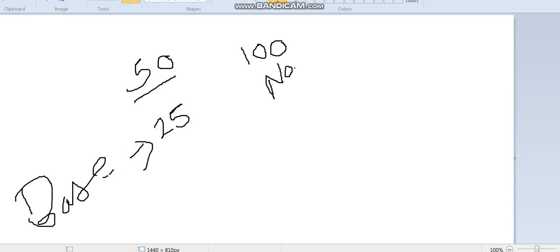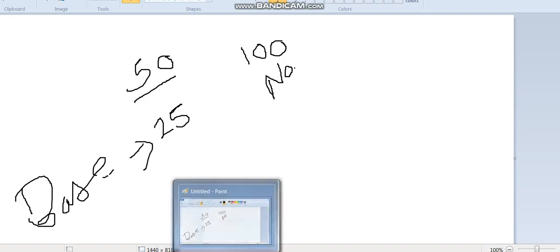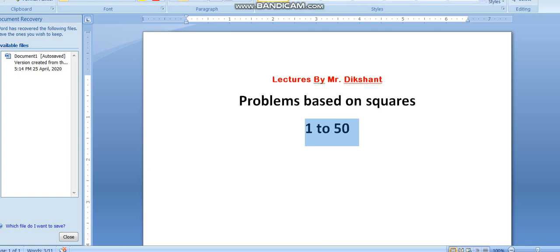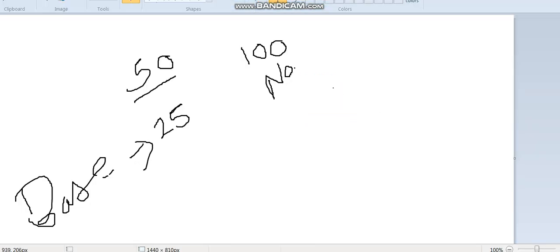First of all I will take some examples by which you can understand very well. Say you want to find 41 square. What do you need to do? 41 is nearby 50, so the base will be 25. How much lesser than 50 is 41? It is 9.